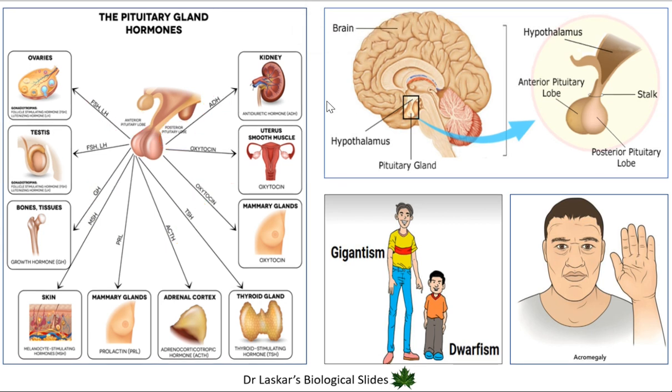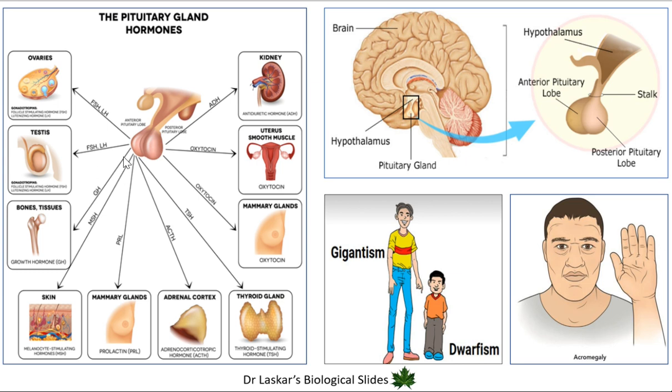So now the anterior part of the pituitary releases various kinds of hormones, and we call them tropic hormones because their secretion controls the secretion of other endocrine glands.